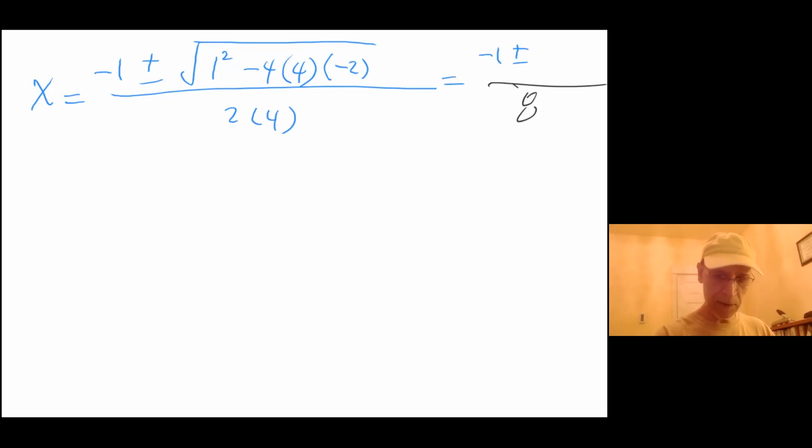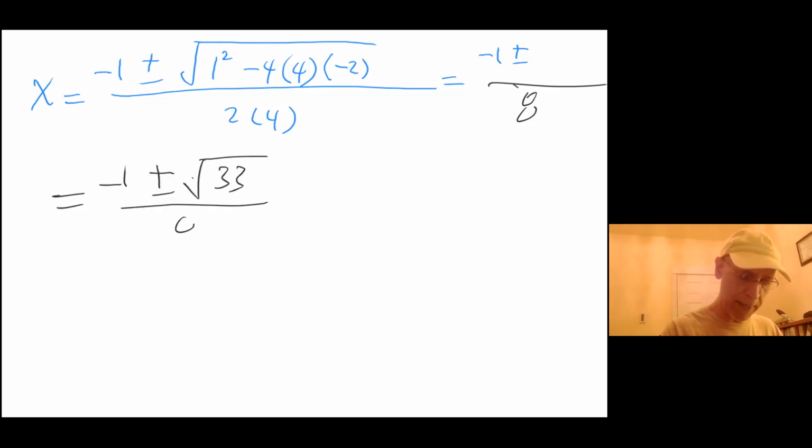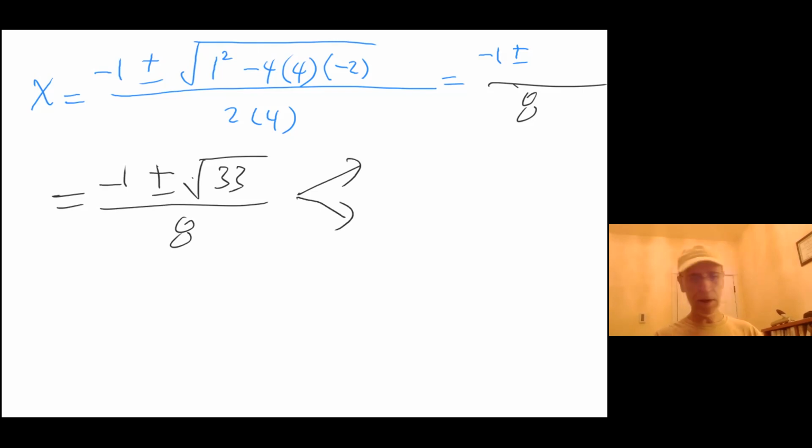And my iPad is giving me a hard time. We go here, maybe, okay, it's right here. So -1 plus and minus square root of 33 all over 8. Okay, and so now that gives me 2 approximations. Let me use my calculator.